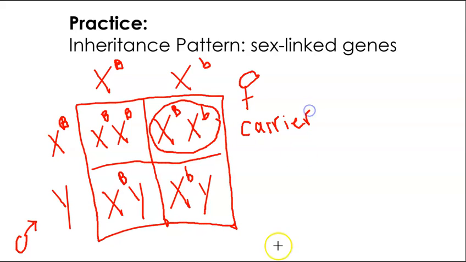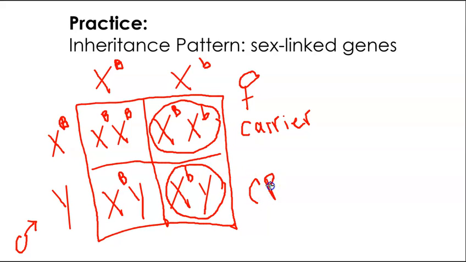Out of the 2 sons, we can see that because mom is a carrier, one will end up being colorblind. Okay, so here we have one son being colorblind.